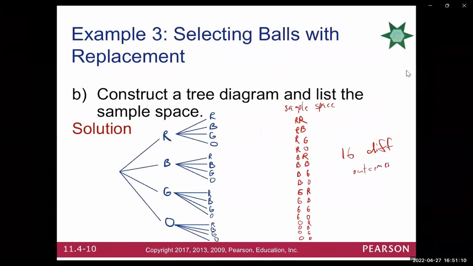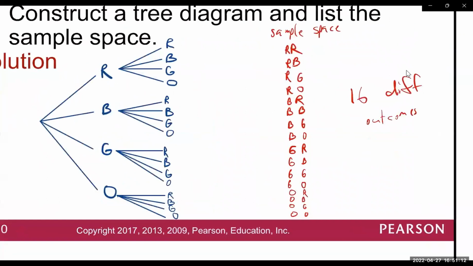Anybody know what you would do in order to find that out? You would count all the outcomes that don't have orange in them. Exactly right. You just look at all the outcomes that don't have an O in them.